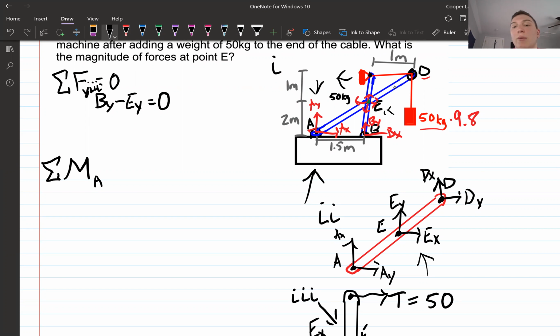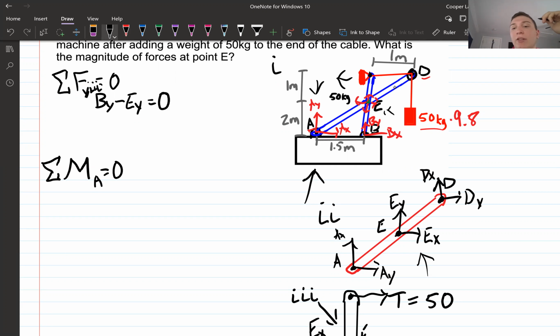And so now I'm going to do my moment about A, and this all equals 0, of course. My A values are gone. And because my B sub X value is at the same level of plane, it doesn't have any increase or decrease in the y-axis, that one also gets ignored because it doesn't have any change.